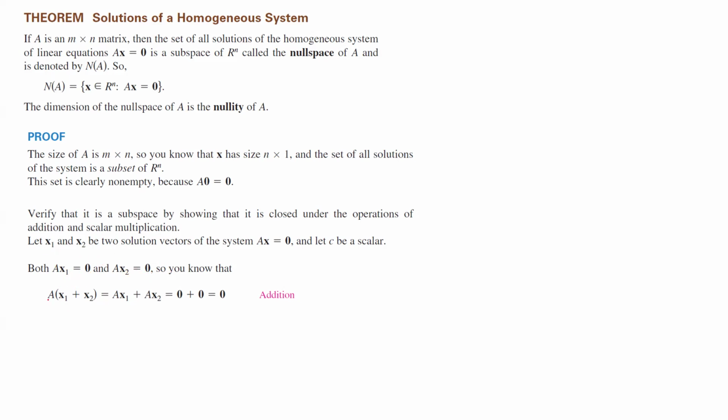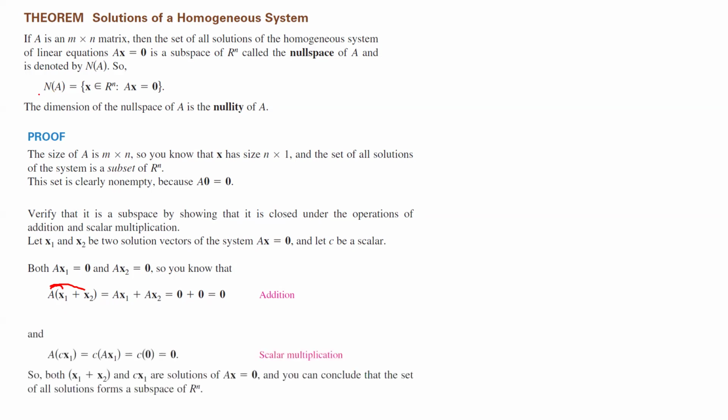If I add these together, A multiplied by X1 plus X2, reminding the definition of multiplication, is equal to AX1 plus AX2, but this is equal to 0 and this is equal to 0. The summation becomes 0. So it means that X1 plus X2 also belongs to the null space.